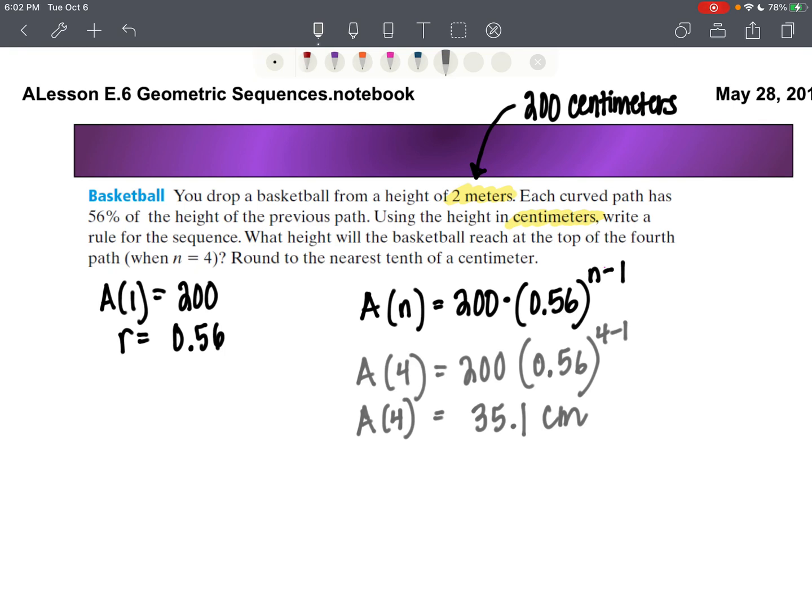And it says round to the nearest tenth of a centimeter, so that's what I did. So 35.1 centimeters is our answer.